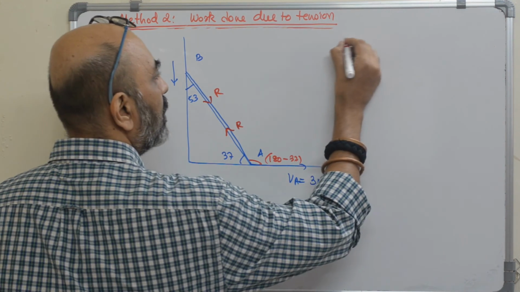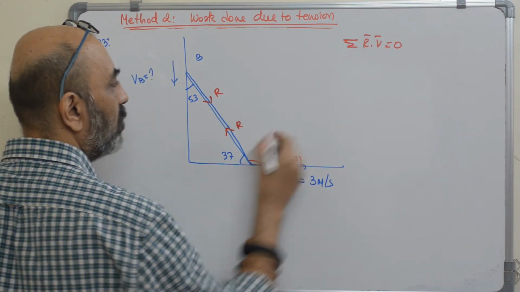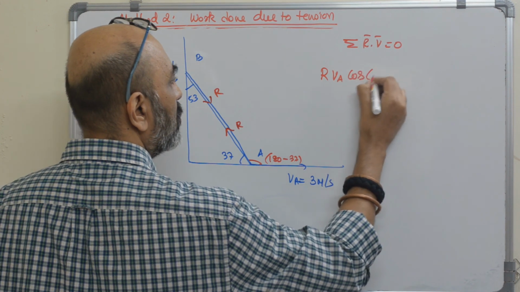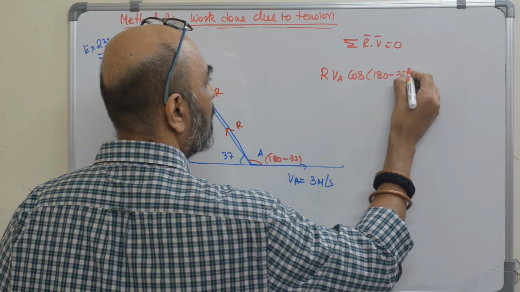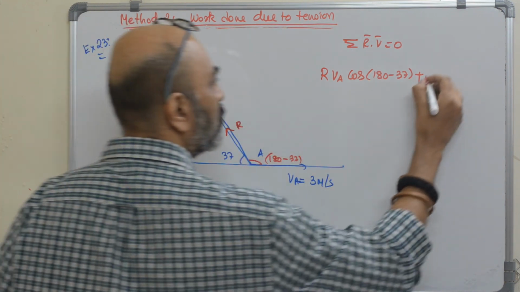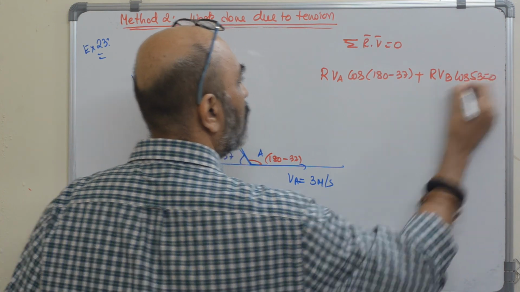So again summation reaction dot V equal to 0. So it will be R VA cos 180 minus 37 plus reaction R, and this is velocity, VB cos 53 equal to 0.